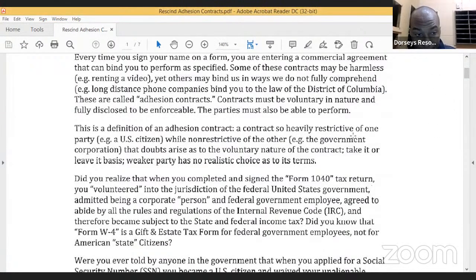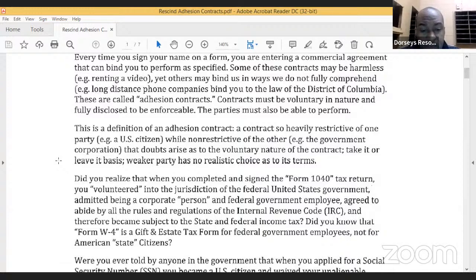So this is a definition of an adhesion contract: a contract so heavily restrictive of one party, e.g. a U.S. citizen, while non-restrictive of the other, the government corporation, that doubts arise as to the voluntary nature of the contract, on a take it or leave it basis, where the weaker party has no realistic choice as to its terms.